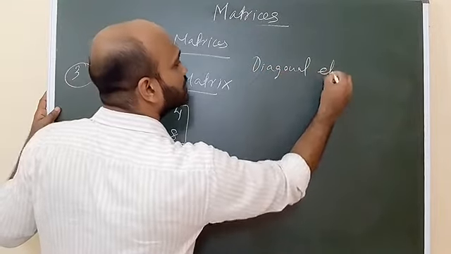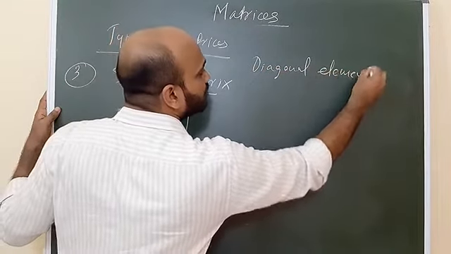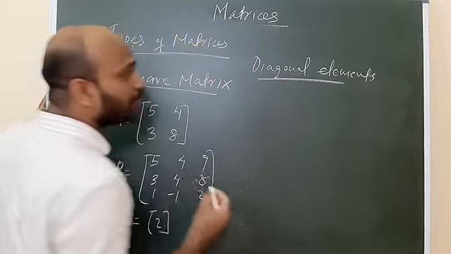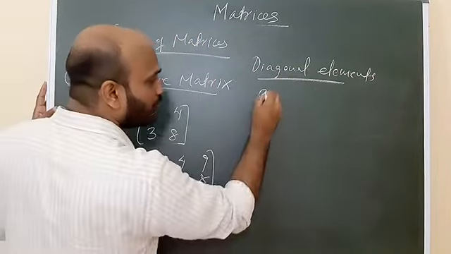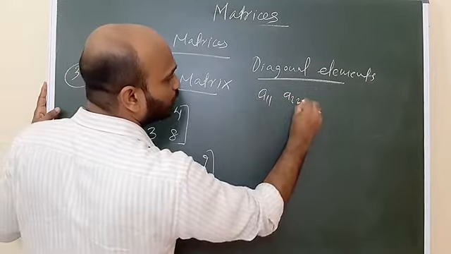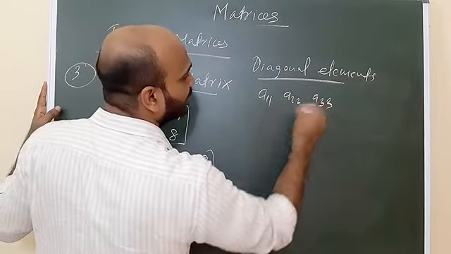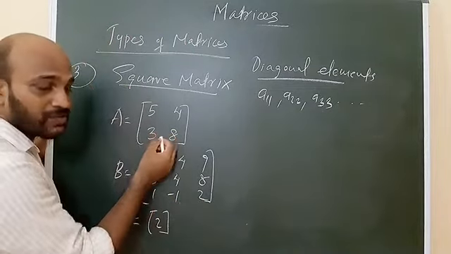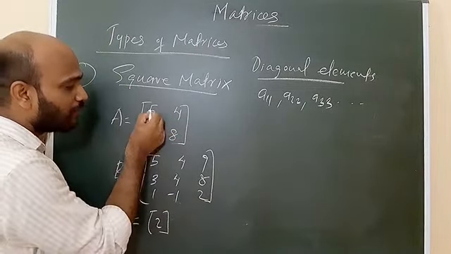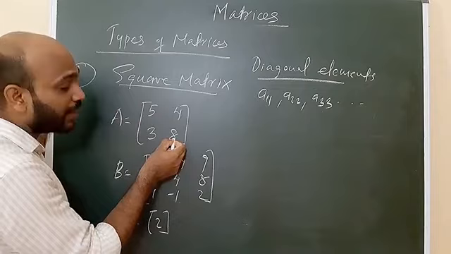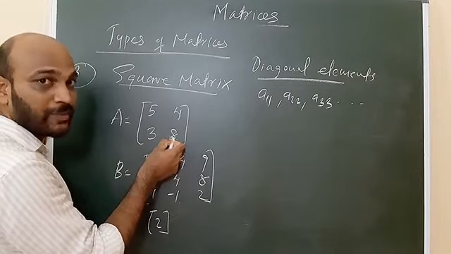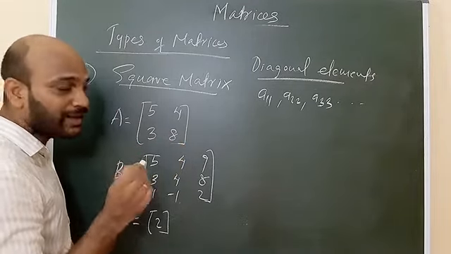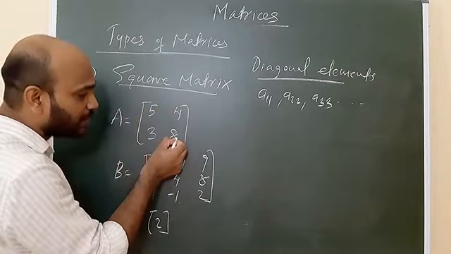Diagonal elements of a matrix. So diagonal elements of a matrix are A11, A22, A33, etc. So consider this matrix. What are diagonal elements? A11, A22, 5 and 8 are diagonal elements. For a matrix, there is only one diagonal, A11, A22.